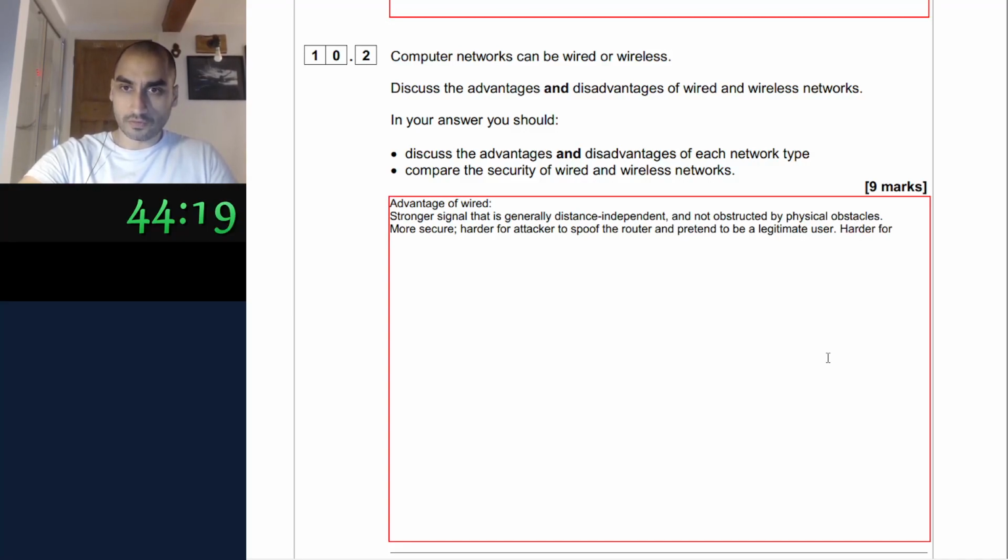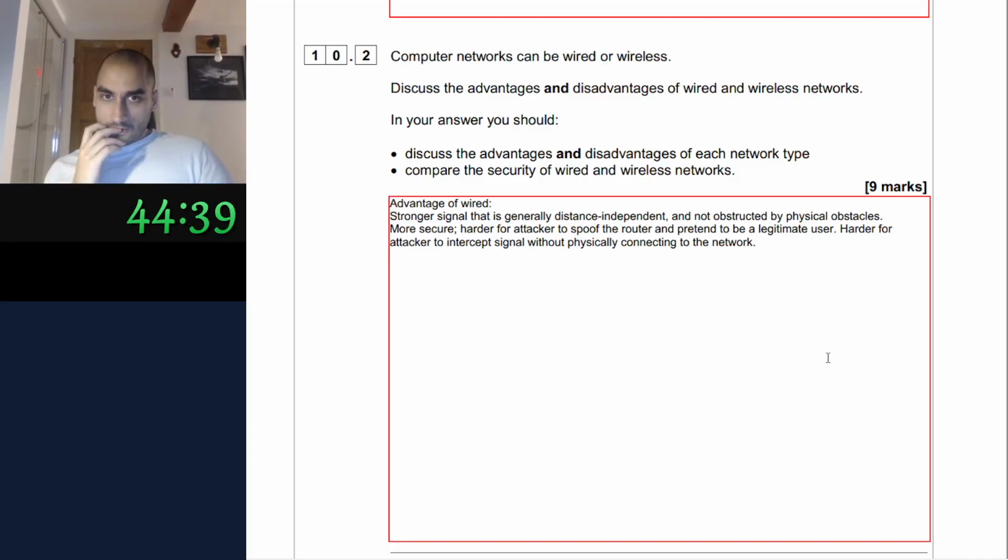Harder for an attacker to intercept the signal without physically connecting to the network. What else?